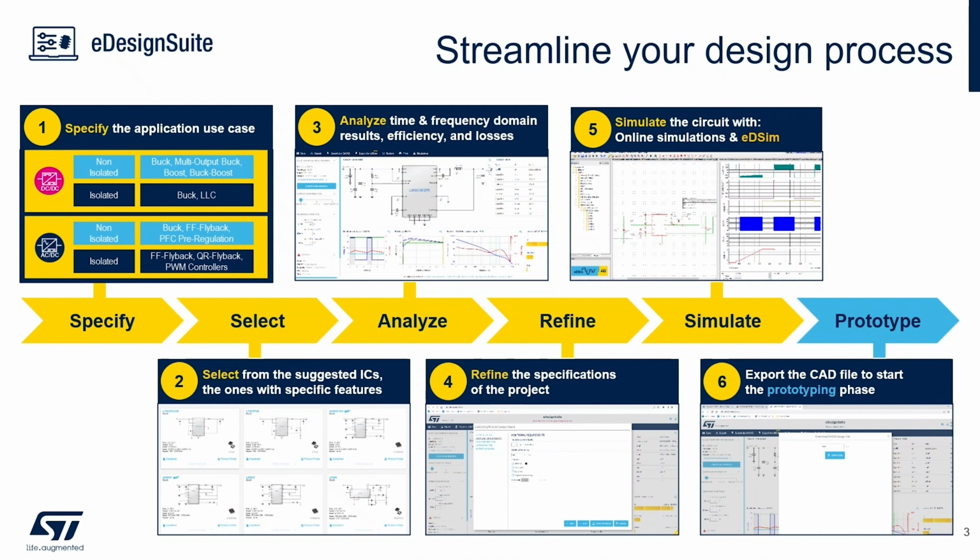This includes simulation results that encompass not only time domain plots, but also efficiency, power losses, and stability plots. Then we can take these preliminary outputs from our web tool and export them to our own eDesign simulation tool.